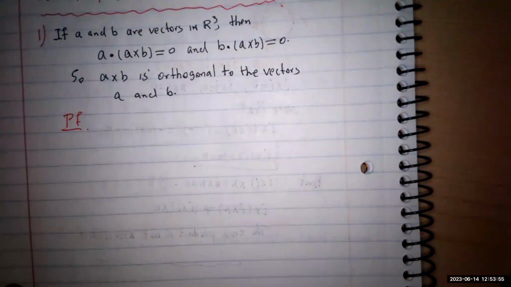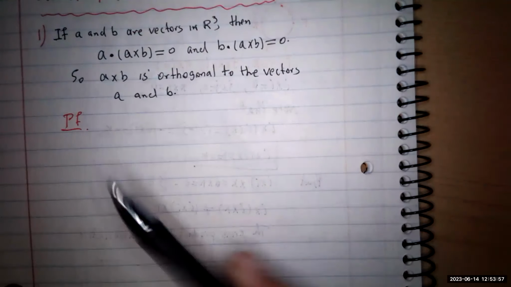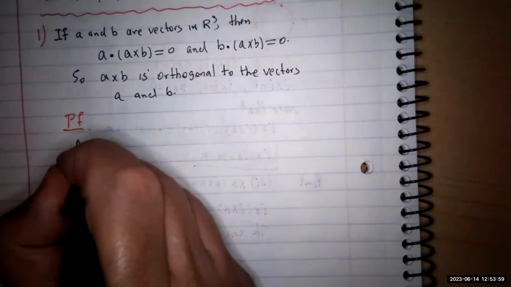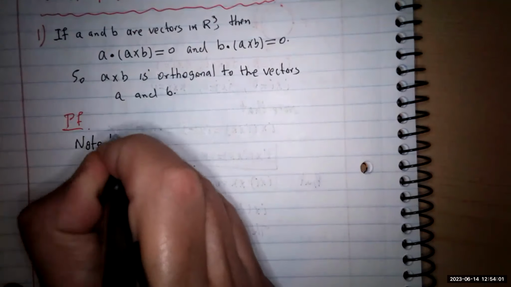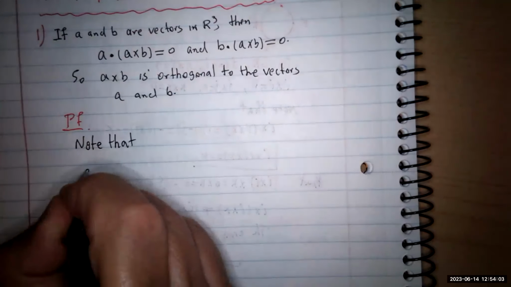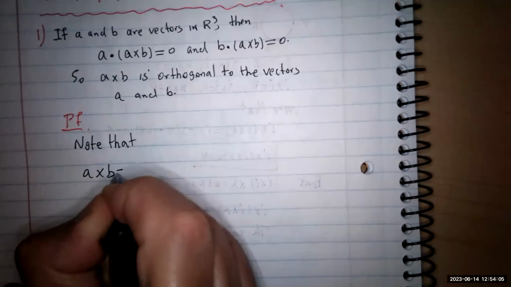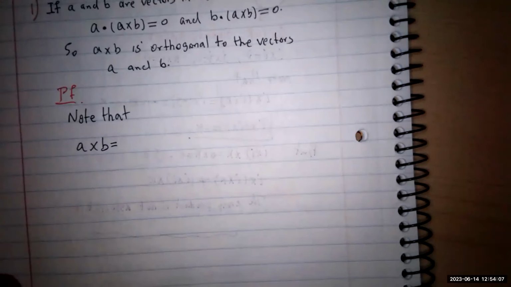What is A cross B? Note that A cross B is just a determinant. I just write it down in this form.